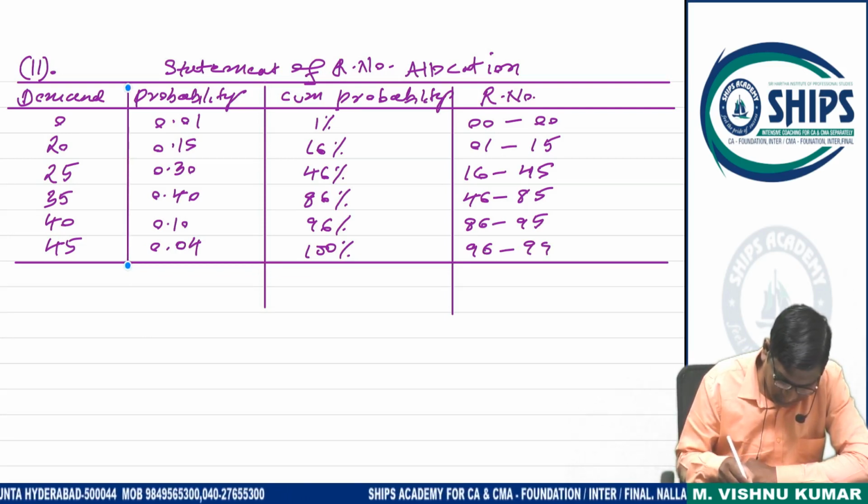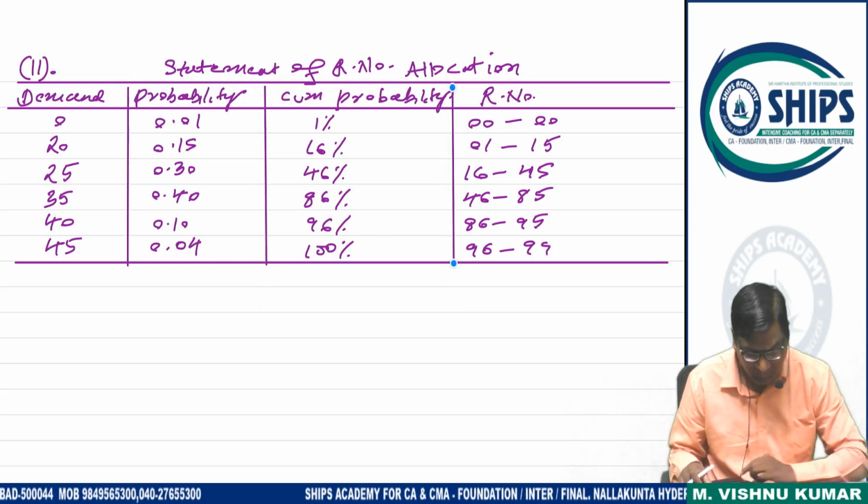This is first random number allocation. Now next is simulation.